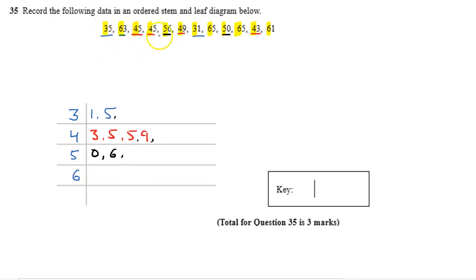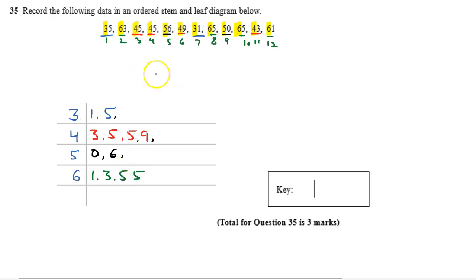We have 63, 65, 65, 61, 61. We count 1, 2, 3, 4, 5, 6, 7, 8, 9, 10, 11, 12 numbers here.